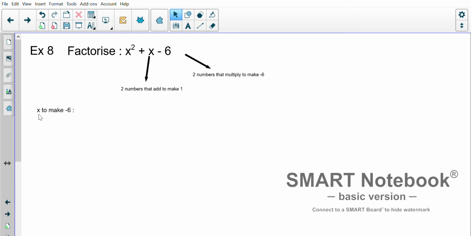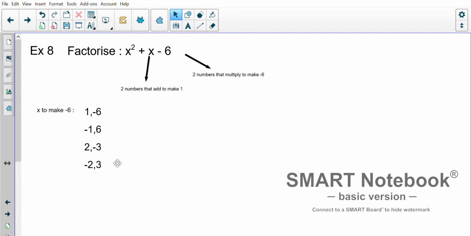So which numbers times to make negative 6? Of course, we've got a limited amount again. There's only 1 and 6 and 2 and 3 that's going to be involved, but one of them has to be positive and one of them has to be negative. And the pair that add together to make 1.